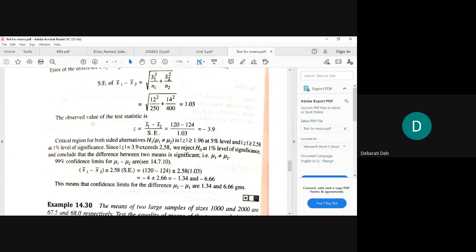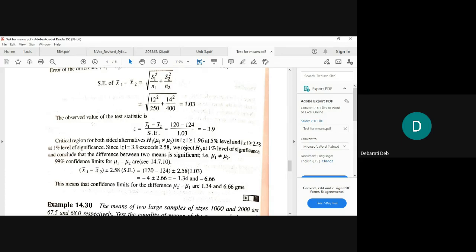You don't have to memorize it this time because you will be able to write it by seeing. Assignment based exams will happen, but make sure that you are using the right formula in the right sum. Okay, so write down Z equals X1 bar minus X2 bar divided by SE.